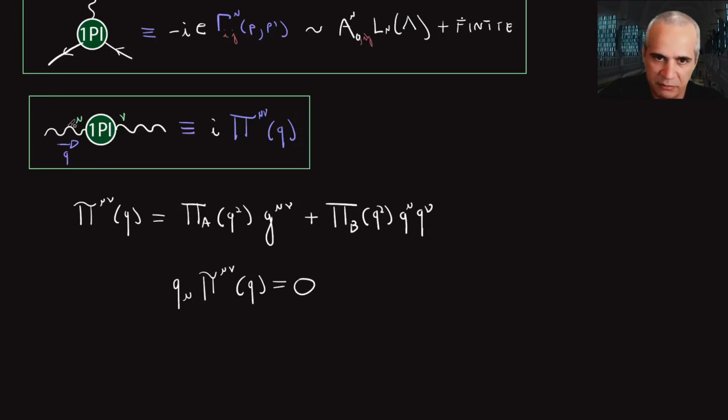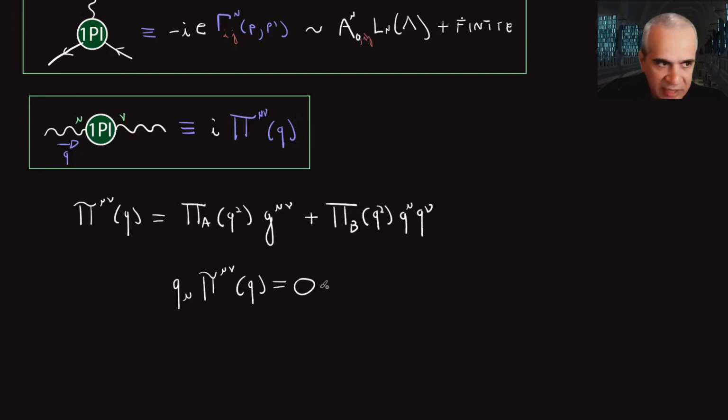If I just contract here, instead of the photon polarization or the photon propagator, the momentum of the photon, this needs to be 0 by Ward identities, which are the quantum manifestation of the U(1) symmetry of QED.